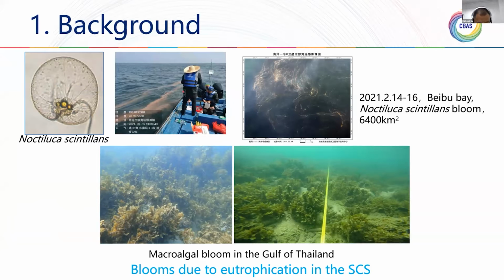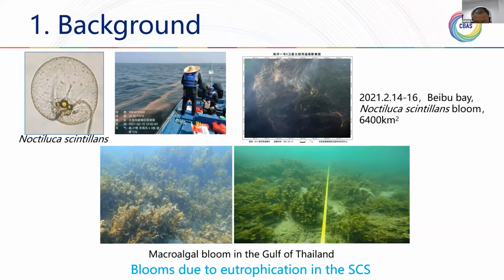Blooms due to eutrophication are commonly found in the South China Sea. The upper figure shows an unprecedented large-scale bloom by Noctiluca scintillans. This is the cell. The bloom was caused by the red Noctiluca scintillans with an area of 6,400 square kilometers.